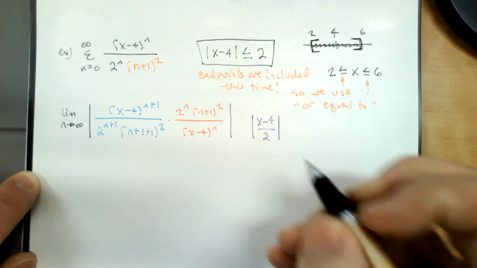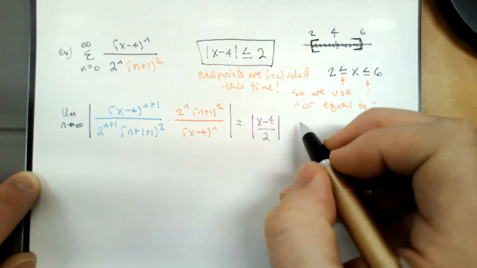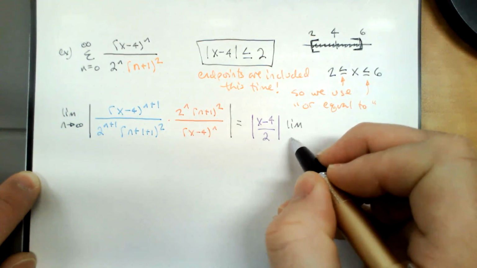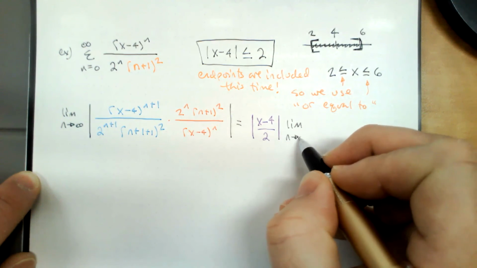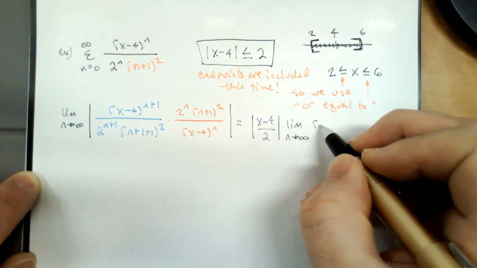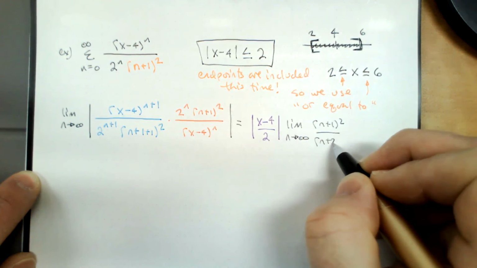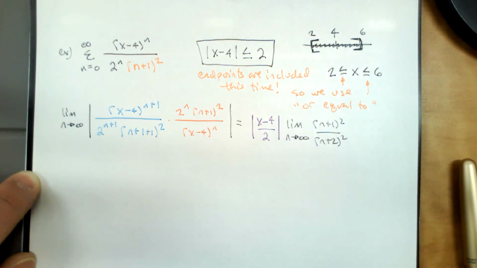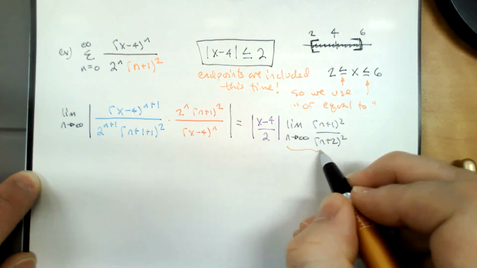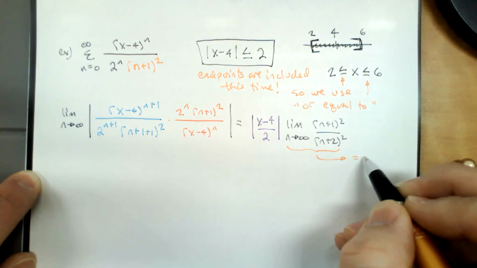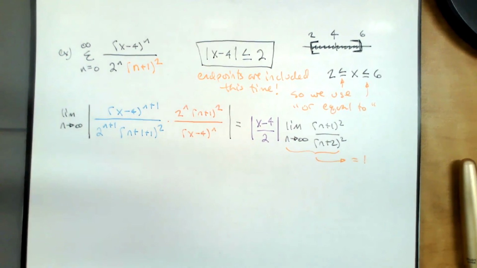There's our limit from the ratio test, because the ratio test is going to ignore all this polynomial business. There's our limit from the ratio test, just like we had predicted. Absolute value of x minus 4 over 2.